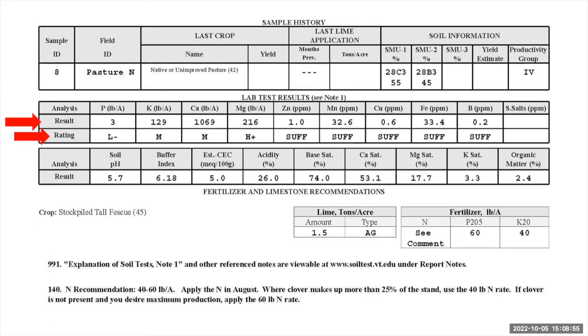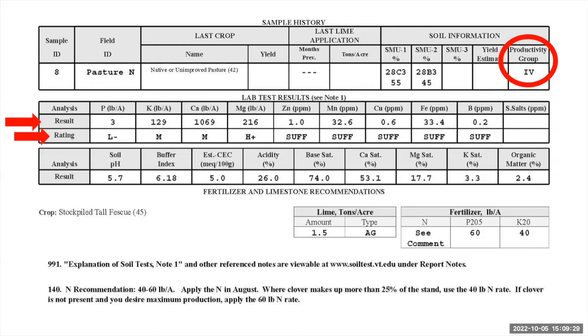You also have a rating for each of your results. And the rating is actually based on how your soil test result compares to what the crop you want to grow needs. And that is based in part, of course, on whatever it is you're going to grow, because different plants have different nutritional needs, but it's also based on the yield estimate if you provided one to the lab, or if you didn't, it's based on the productivity group of your soils.